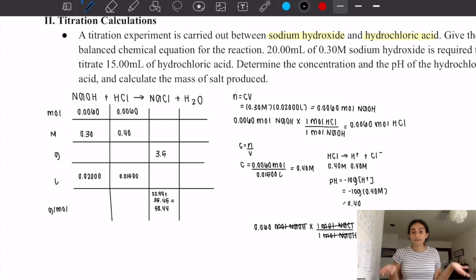So now we have finished this stoichiometry problem. Normally in a titration, the things you would be caring more about are the concentration of the unknown solution as well as the volume of the solution with the known concentration, because that's kind of the purpose of a titration.